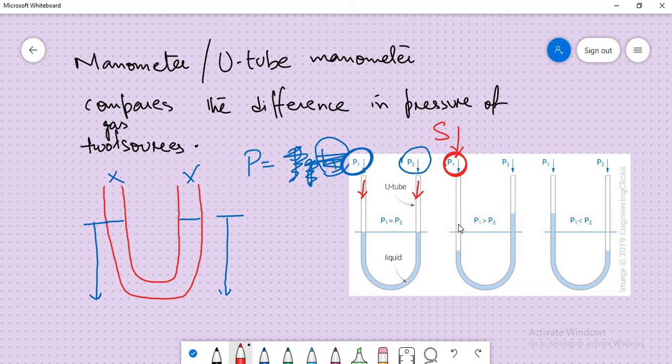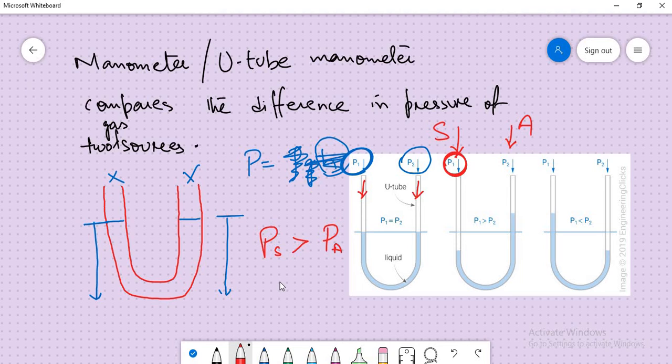Now you can clearly see that the pressure of the gas source S is higher than the pressure of the air A. Because the gas source pressure was high, it pushed the liquid down a bit, and the air pressure was lower, therefore the liquid rose on the other side. So the pressure due to S is greater than the pressure due to A, the air pressure.